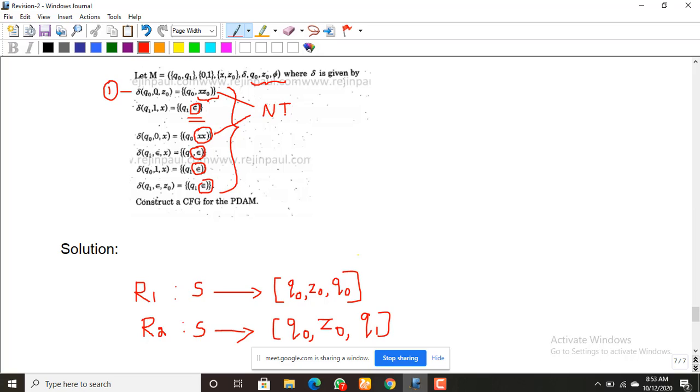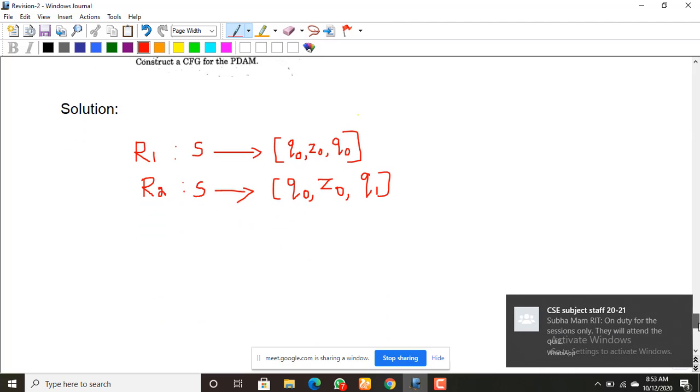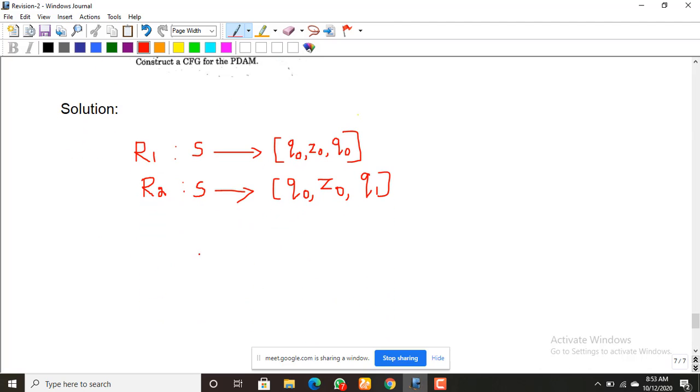In the problem of pushdown automata to context-free grammar conversion, the first step is to write the starting production rules. In the second step, you take the non-terminal ones and write the non-terminal production rules. The first ID is an example of a non-terminal production rule, so I will choose the first one.